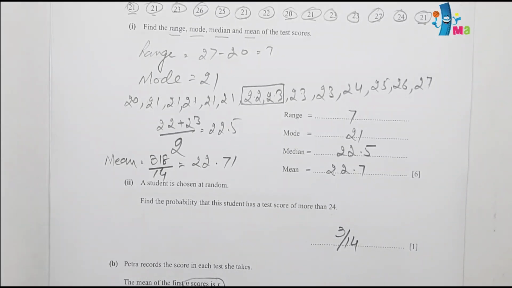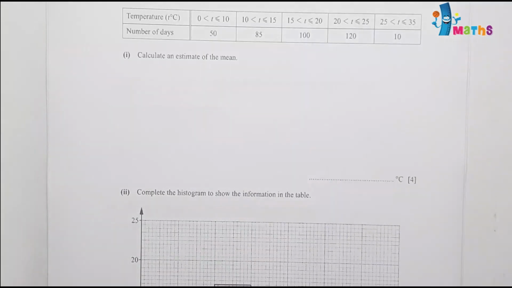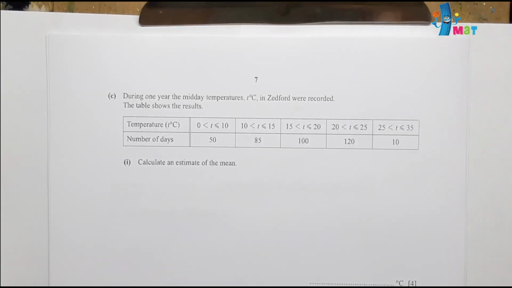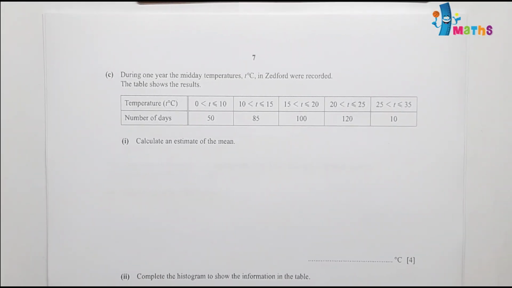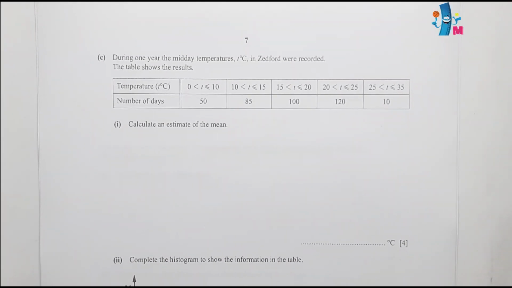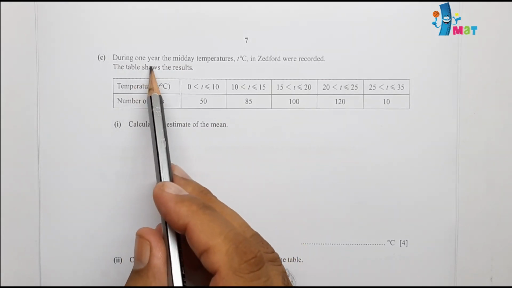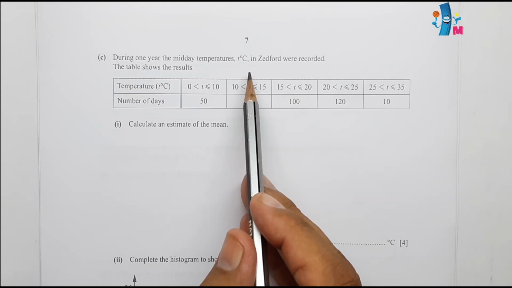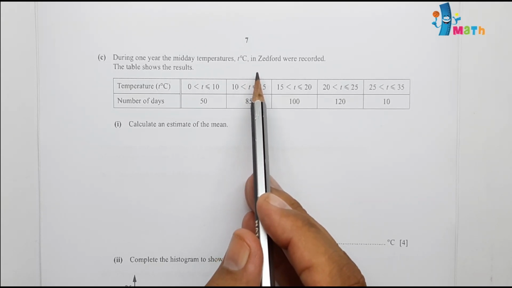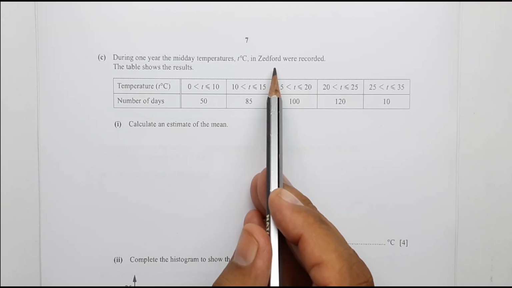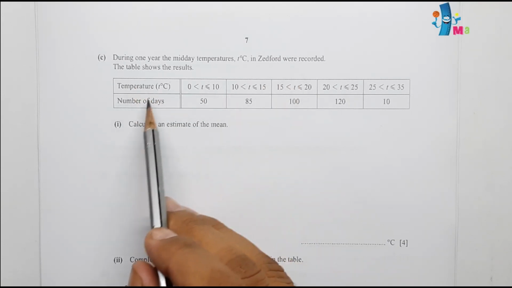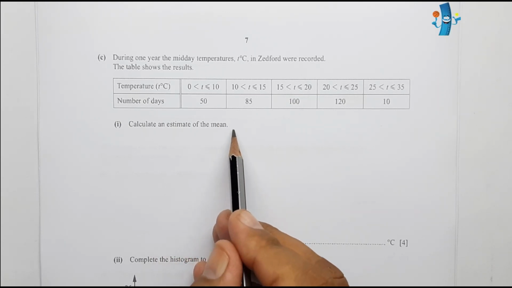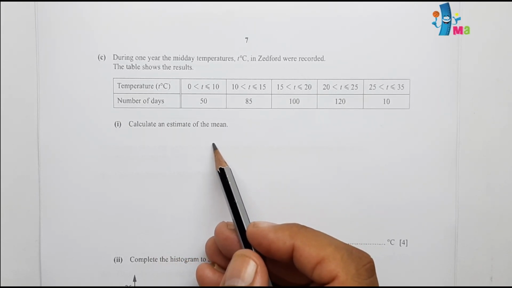Then we can move to the next, C part. During 1 year, the midday temperature T degrees Celsius in 2024 was recorded. The table is given. Calculate an estimate of the mean value. So how will we calculate the estimate for the mean value?